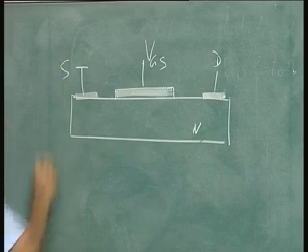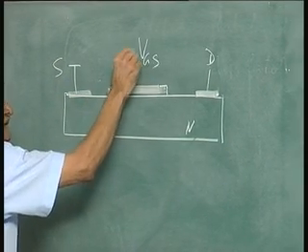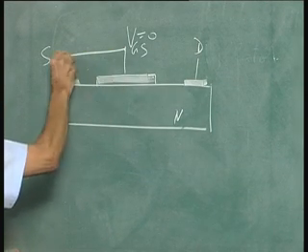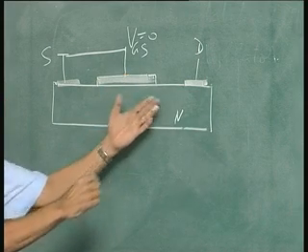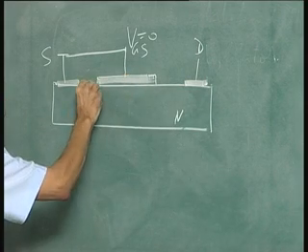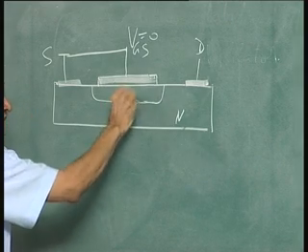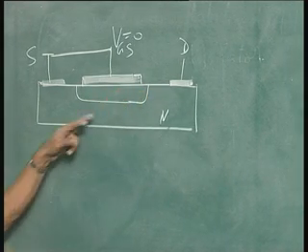So, let us say VGS is 0. And if VDS is small, I have this depletion layer like this. This is the situation when VDS is small.